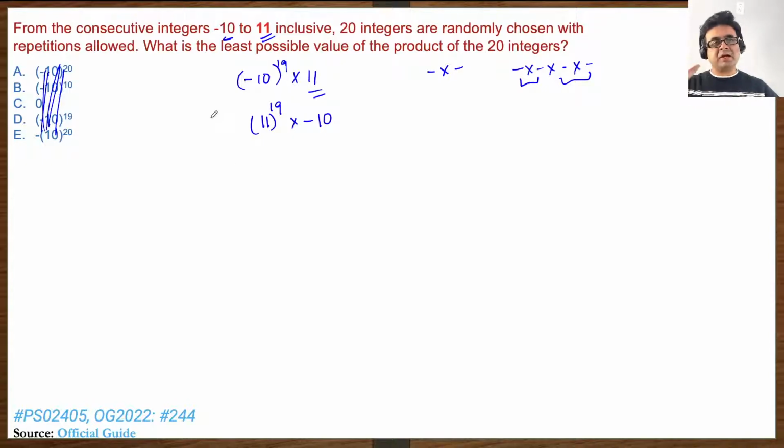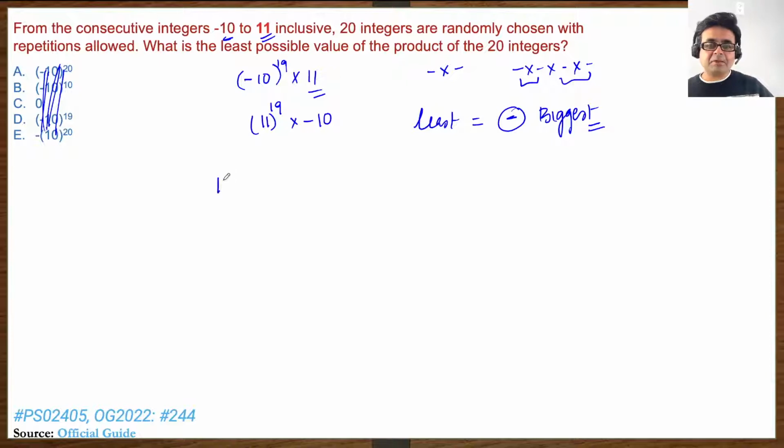Forget about the most negative for now: the least number would be a minus sign in front of the biggest possible magnitude. So you have to find the biggest possible magnitude and a way to get a minus sign in front of it during the product. That's the approach here.